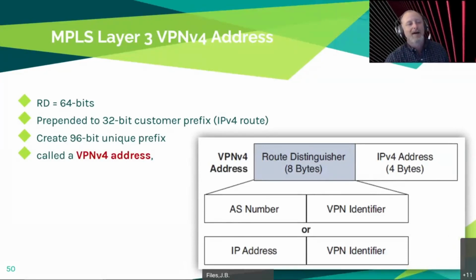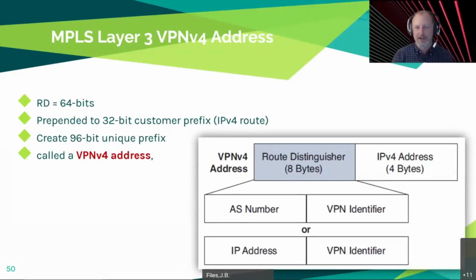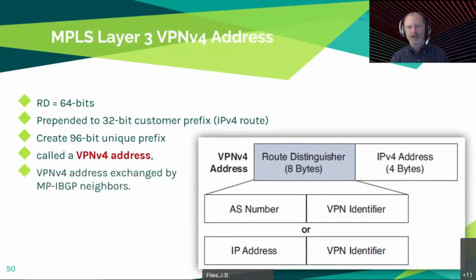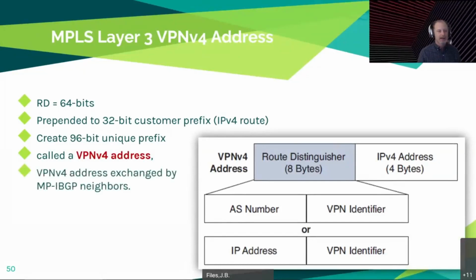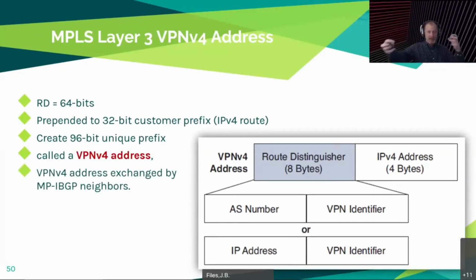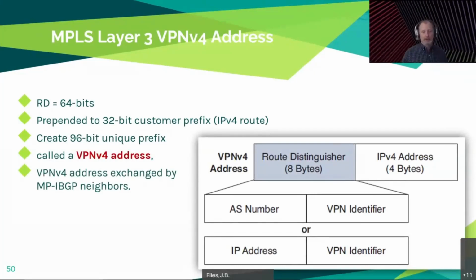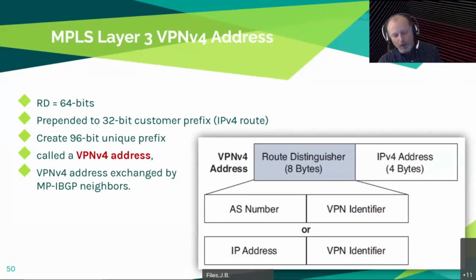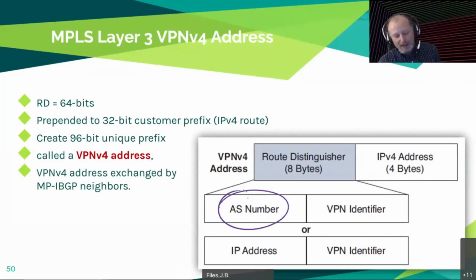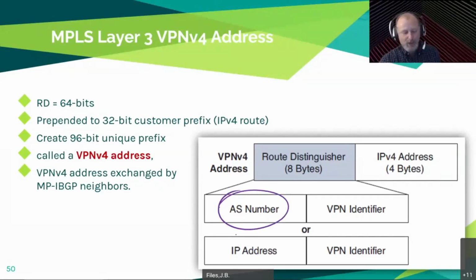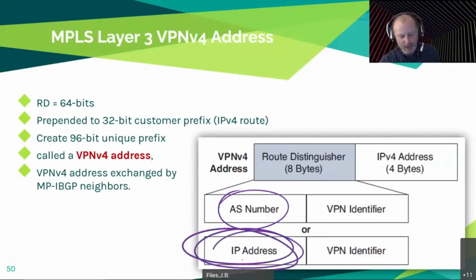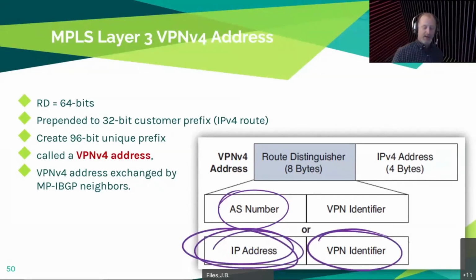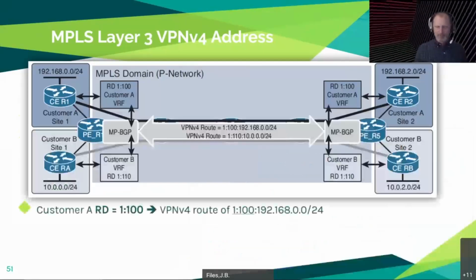All right, so we have a VPN v4 address, which is exchanged by iBGP neighbors, the provider edge routers. Now, we might use an AS number, but if we're using private IP space, we're probably going to use that in the example that we are given.